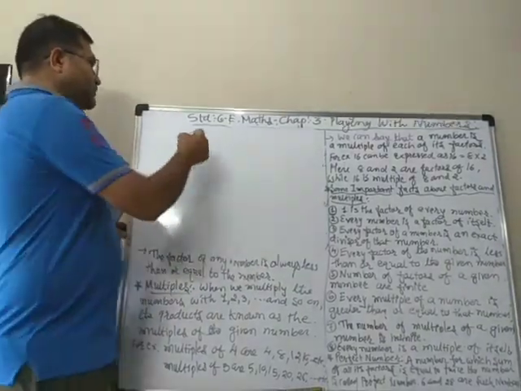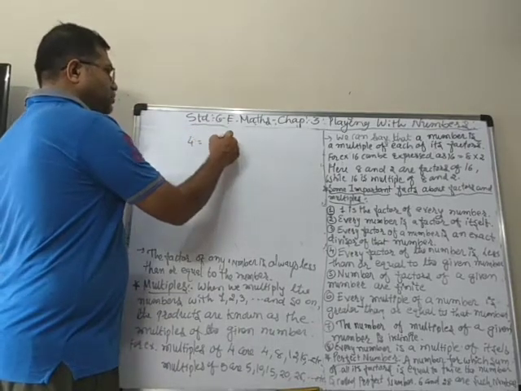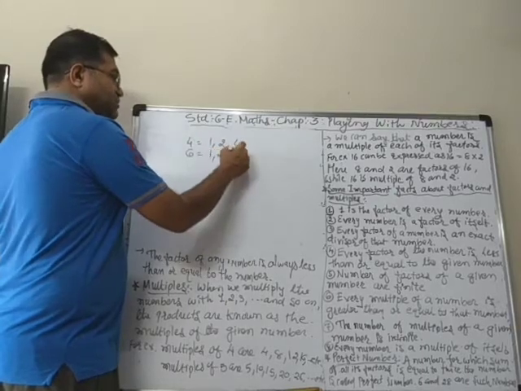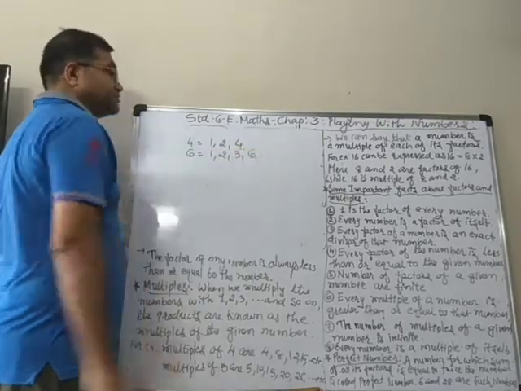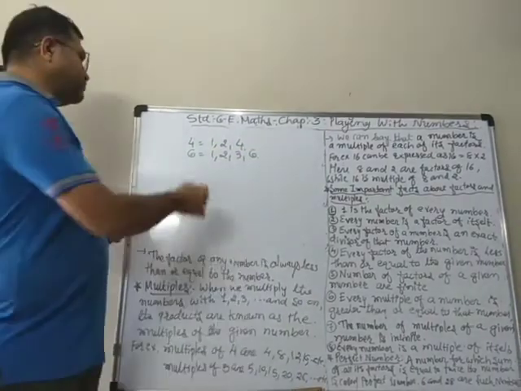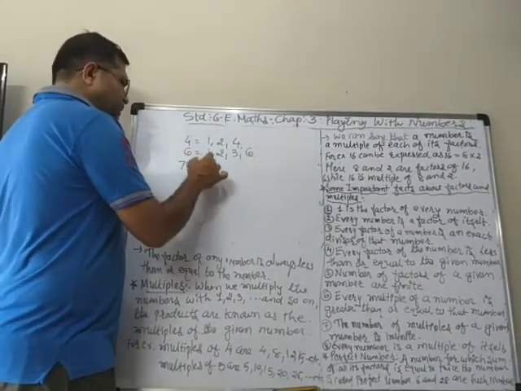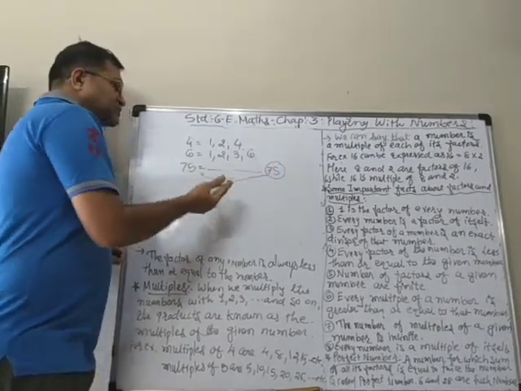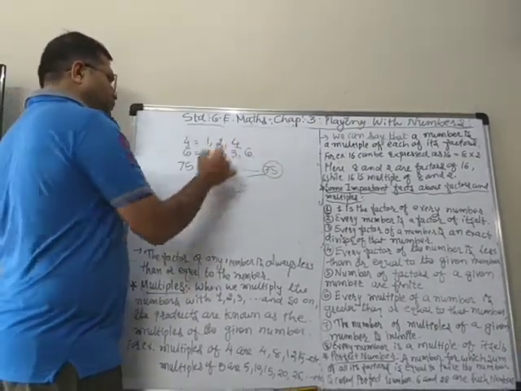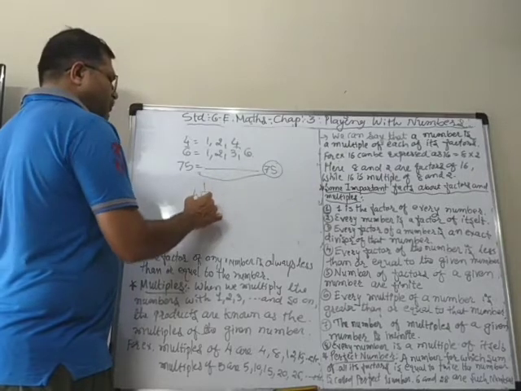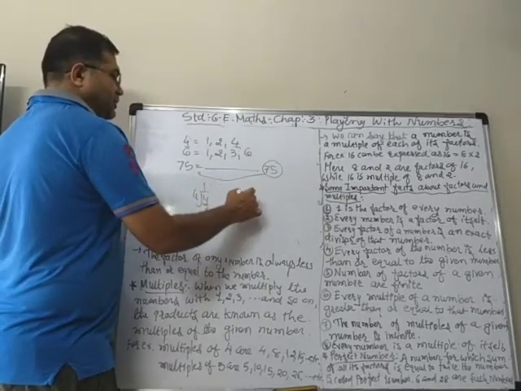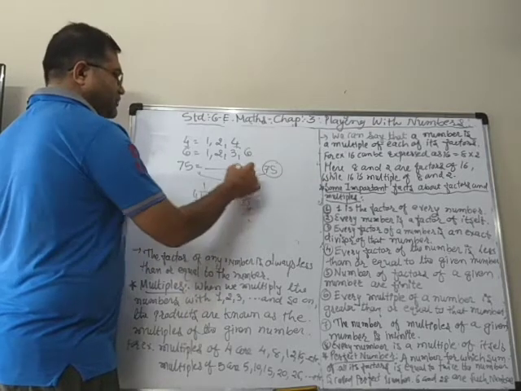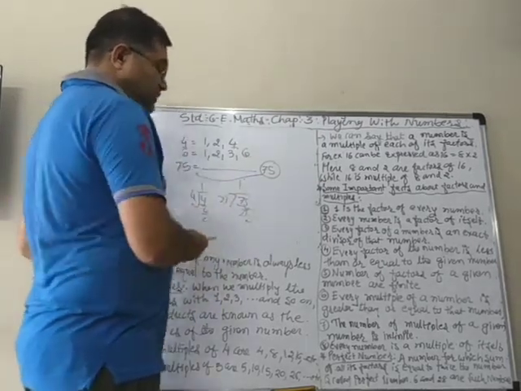As we wrote down, factors of 4 are 1, 2 and 4. Factors of 6 are 1, 2, 3 and 6. Similarly, if you take any number, say 75, then 75 will also be one of its factors, because you can divide a number by itself. 4 divided by 4 always gives remainder 0, and 75 divided by 75 always gives remainder 0, because 75 ones are 75, 4 ones are 4, 6 ones are 6.